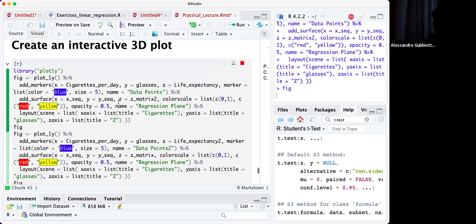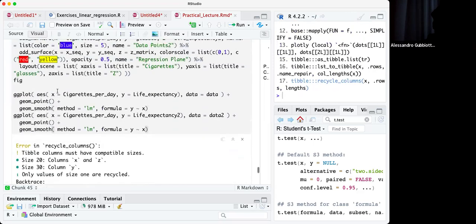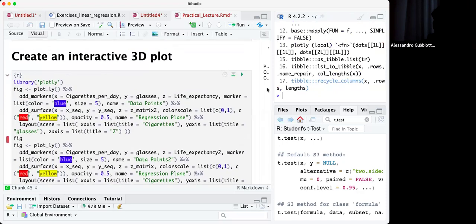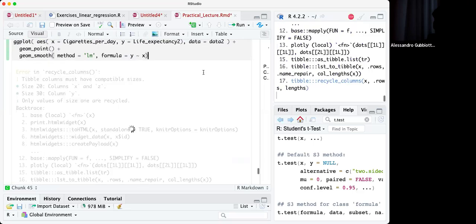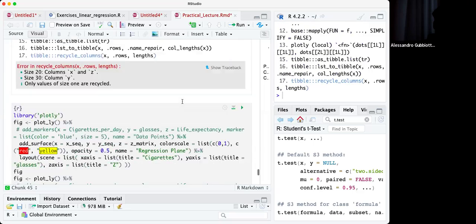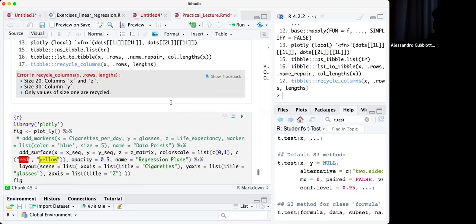There is this plotly library, which can do 3D plots in a very interactive way, and it's nice.